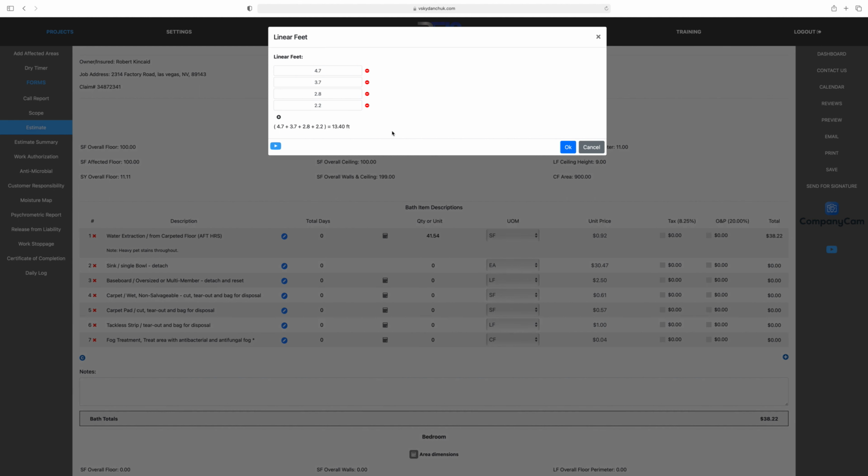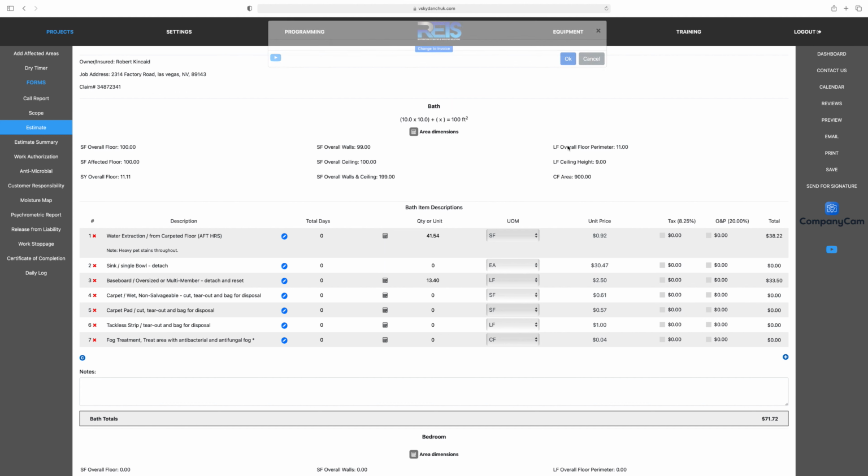Click over here. All 4 of these measurements are in an equation, and you've got 13.40 linear feet. Again, you could erase this if you wanted to. Then click OK. And look what just happened in the linear foot line item of baseboard.